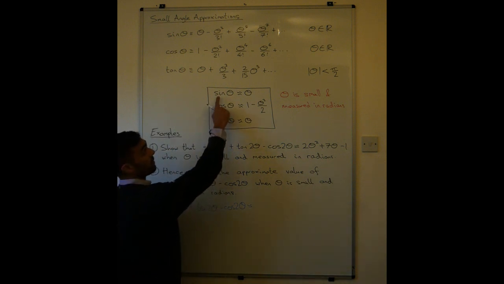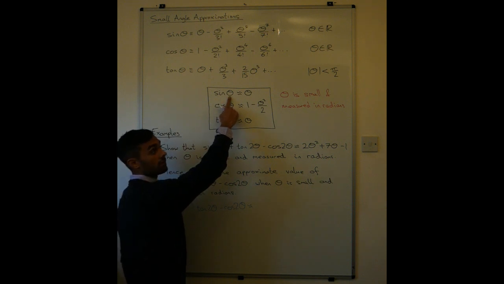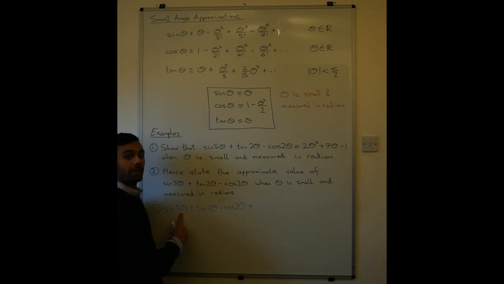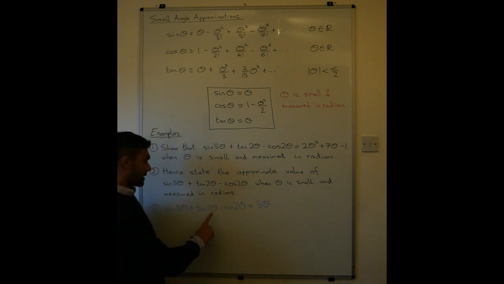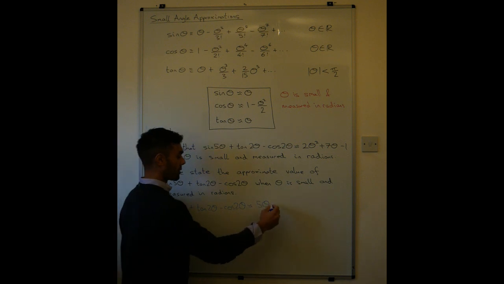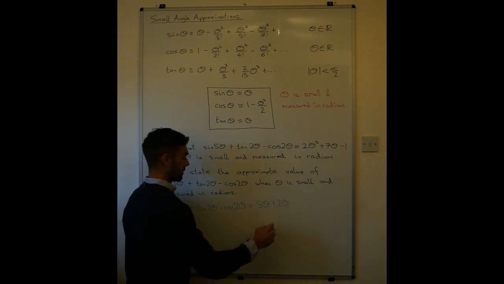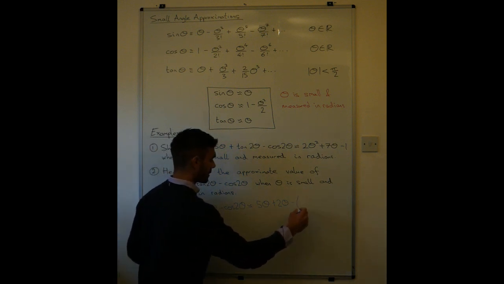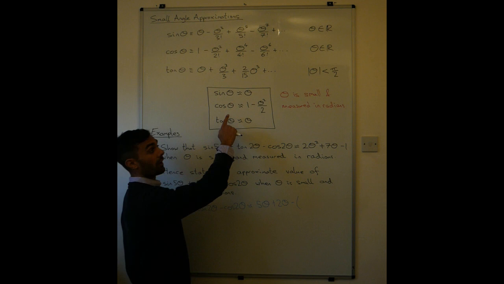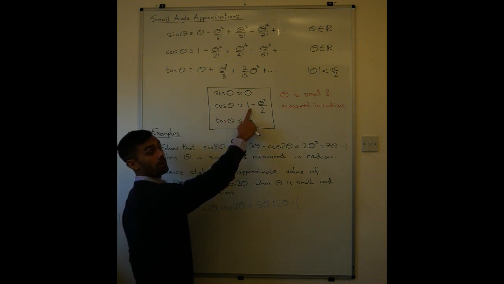So first of all, it says sine of your angle is roughly equal to the angle. So sine 5 theta will be approximately 5 theta. Tan 2 theta is going to be approximately 2 theta. And minus cos 2 theta. Minus, well, the cos approximation says cos of your angle is roughly 1 minus the angle squared over 2.